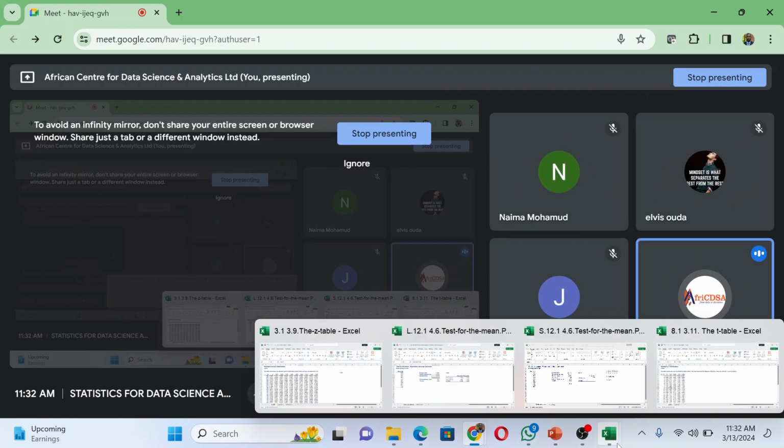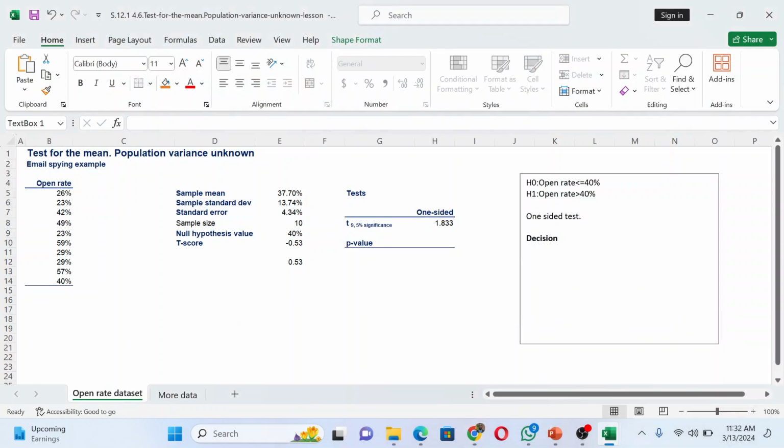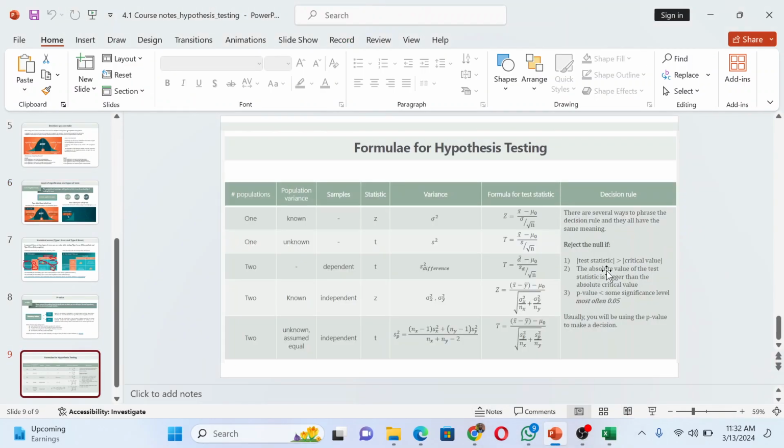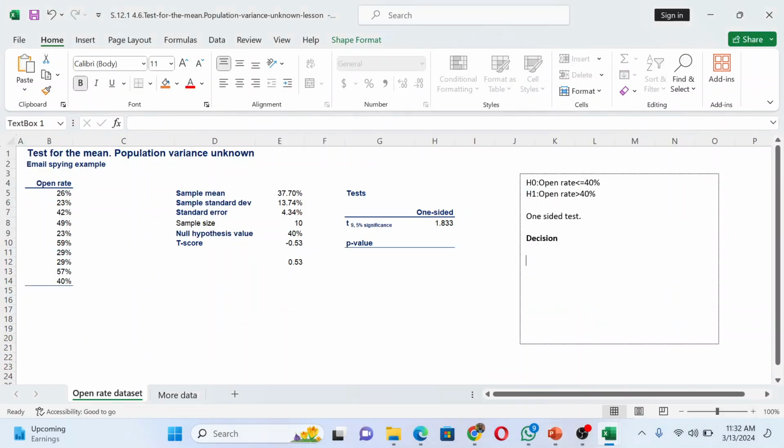Okay, let me just explain because of time. So, what's the conclusion? We compare what with what? Going back, we reject the null hypothesis if the test statistic is greater than the critical value. So in this case, our test statistic is 0.53, right? And our critical value is 1.833.